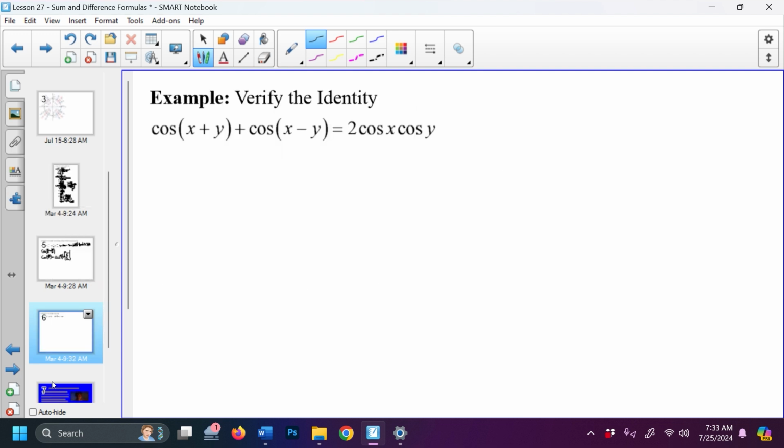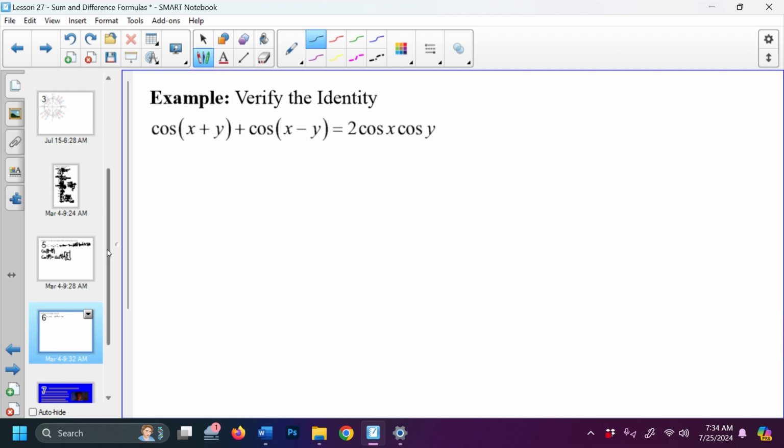All right, last example. Here we are at verifying the trigonometric identity. And we want to verify this. Clearly, we see a sum for a cosine and a difference for a cosine. So we have these two expressions. So what I'm going to do is substitute the sum and difference formula.